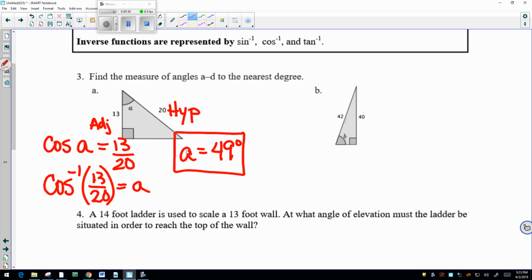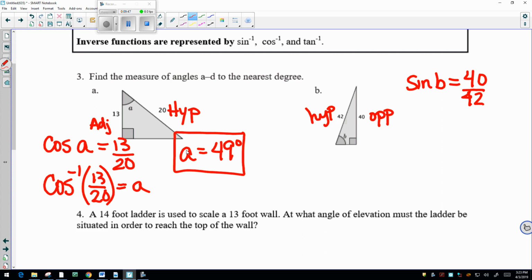Okay, so over here on letter B, again, I would start the same way. So 40 is our side opposite, 42 is the hypotenuse. So now we're going to be using our sine ratio. So we have sine of angle B is equal to the opposite over the hypotenuse.